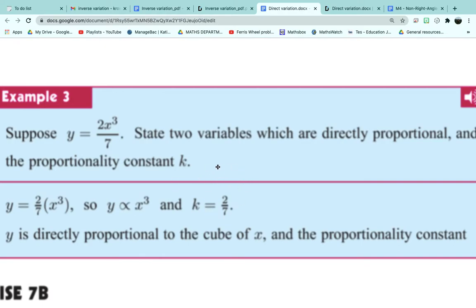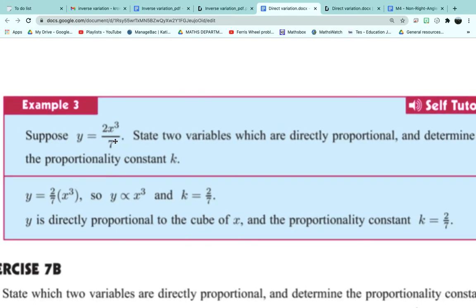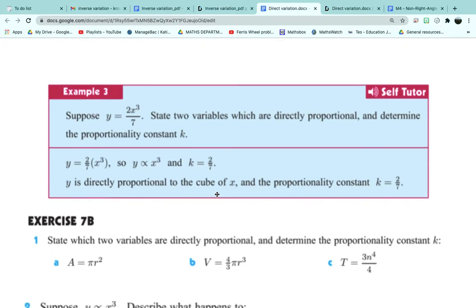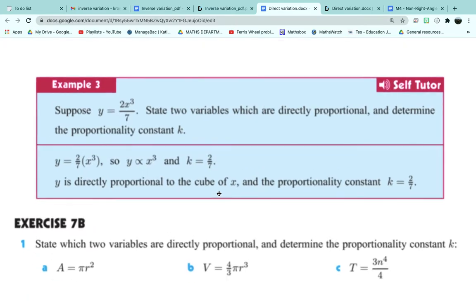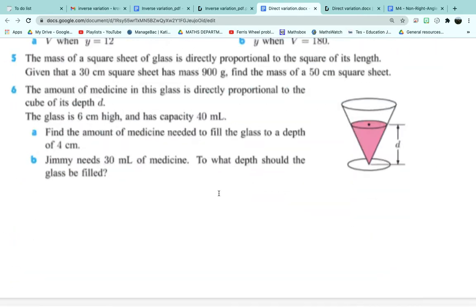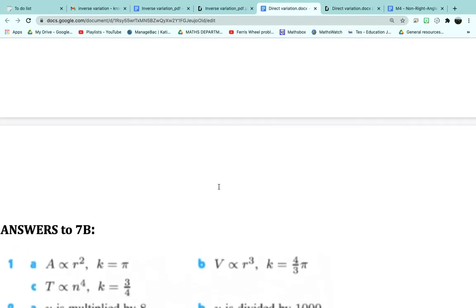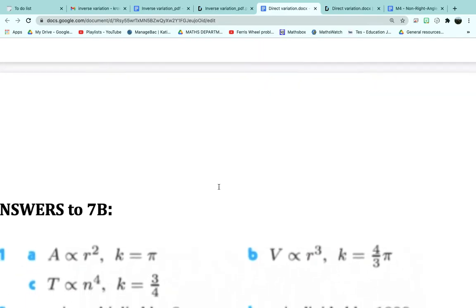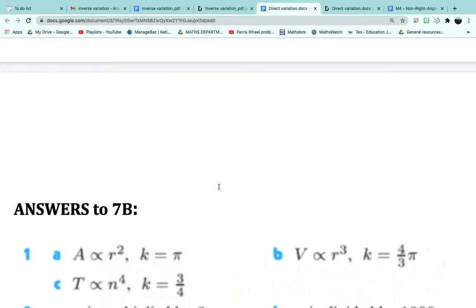What other number is used in front of our second variable? 2/7. So k is 2/7. Have a go at these three questions here. Hopefully you got the following answers. Pause the video and mark, please.